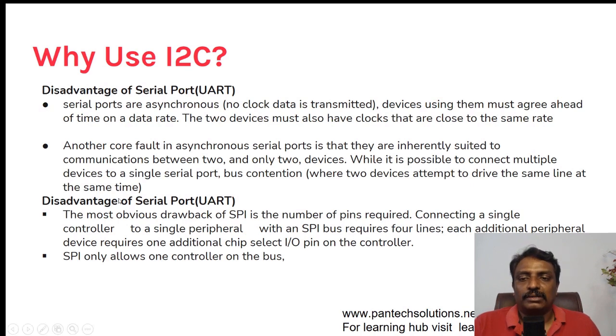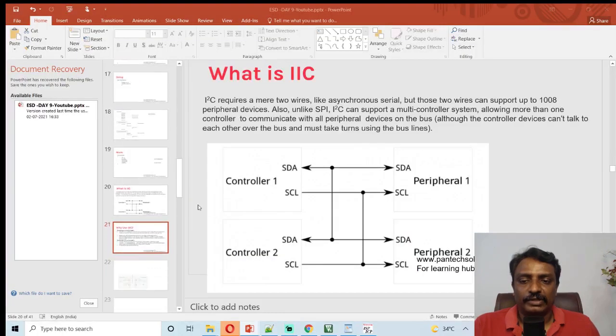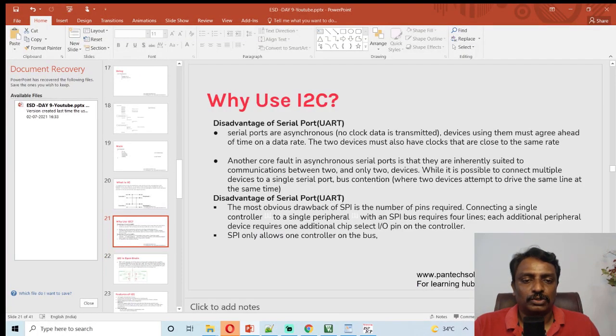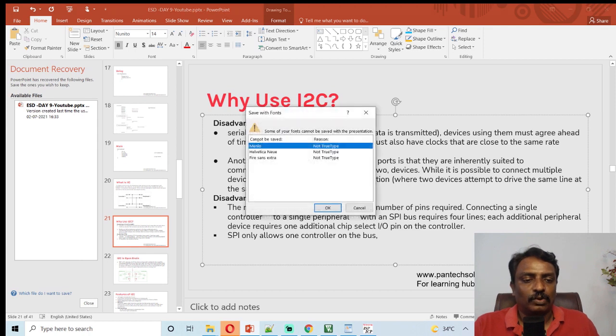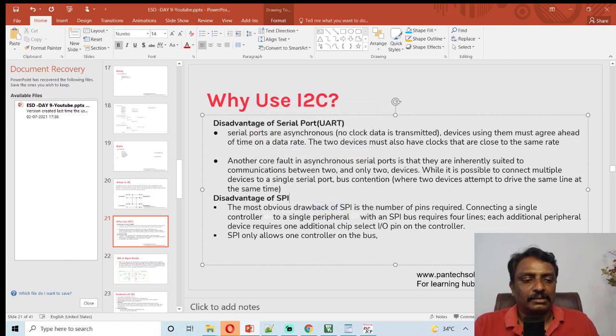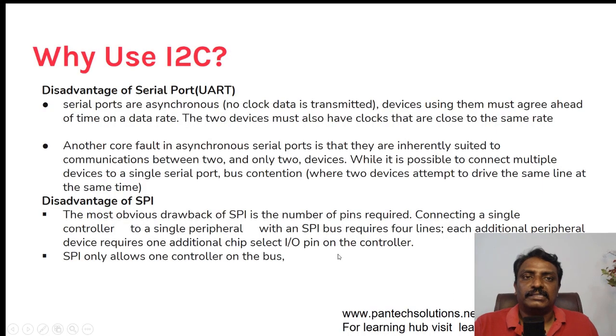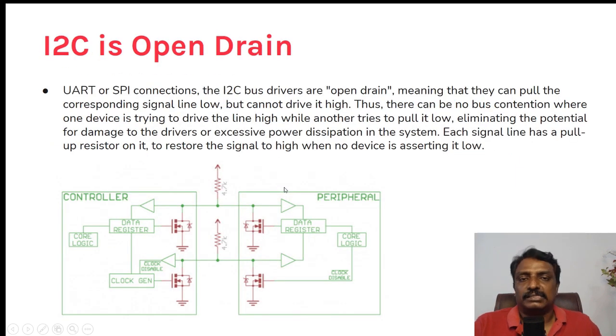When you go with SPI, the disadvantage is that you need additional GPIOs, and you could have only one master and multiple slaves. That's a disadvantage of serial peripheral interface. But with I2C you could have multiple masters and multiple slaves.